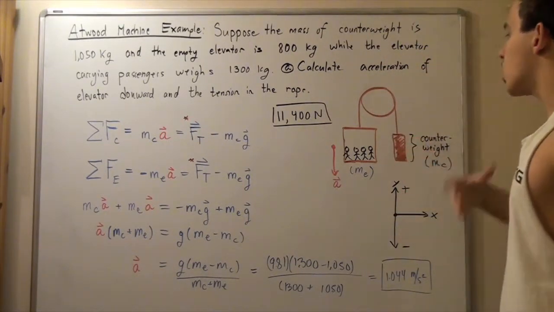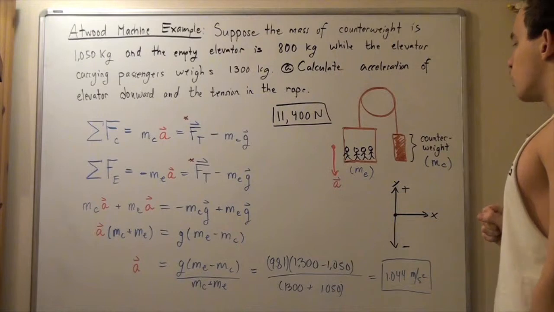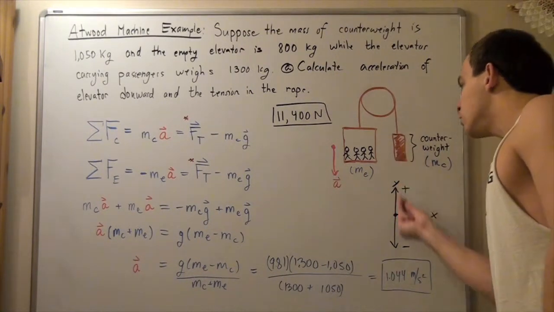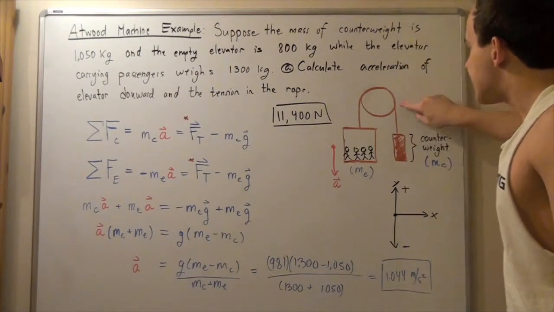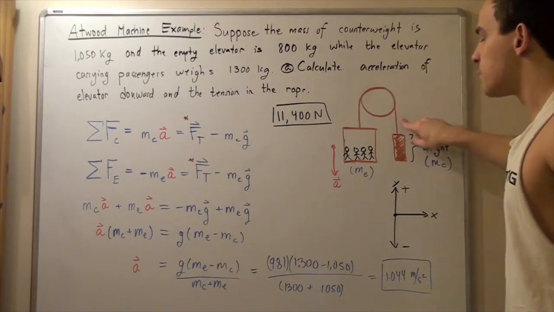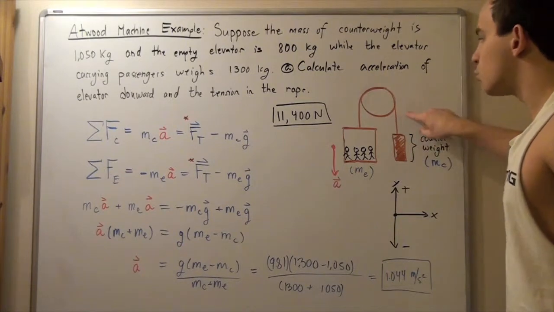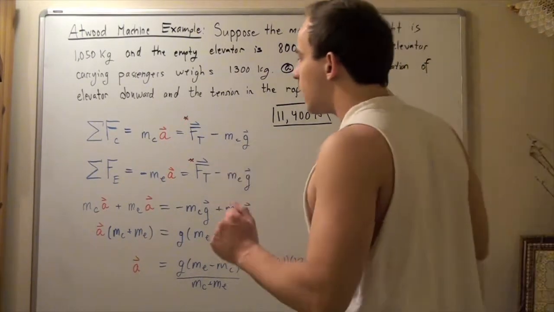So what forces are acting on our counterweight? One force pulls it downward, that's the force of gravity, and the second force pulls it upward, that's the force in the rope. We don't know what the tension in the rope is, so we leave that as our unknown.